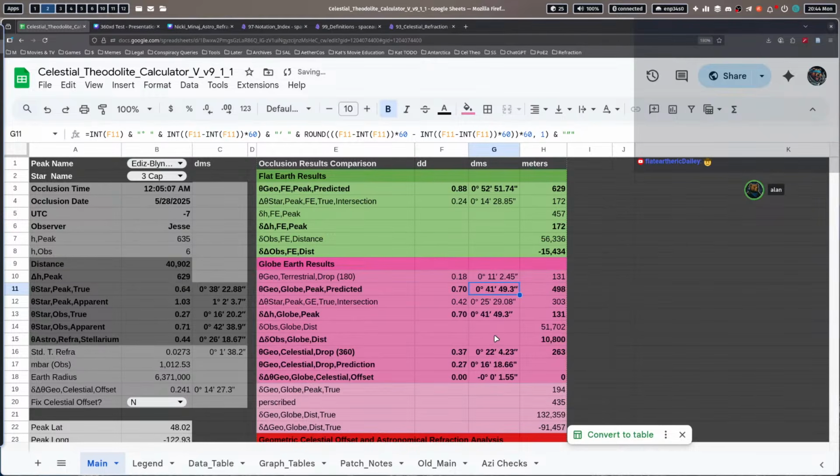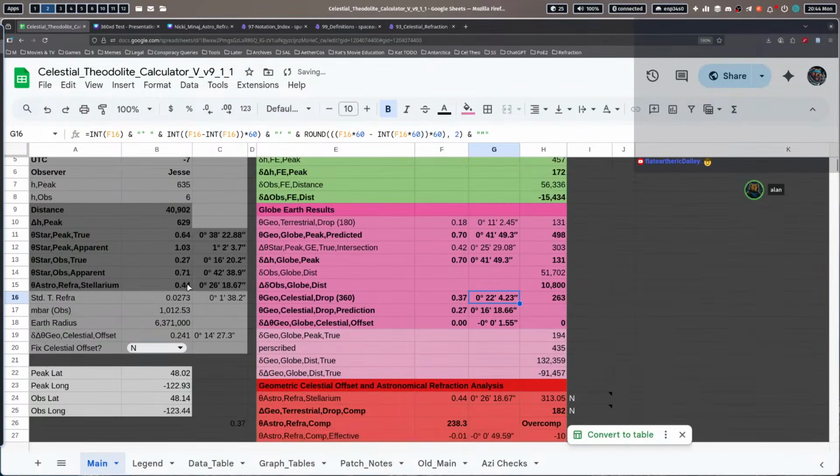Their celestial drop was 22. Their astronomical refraction at this location was 26 arc minutes, which gives them 313 meters of lift to compensate for their 131 meters of drop over distance.